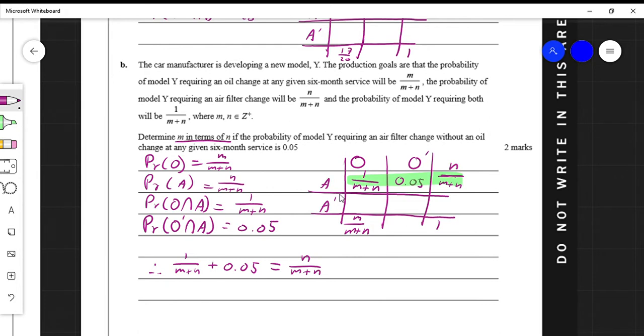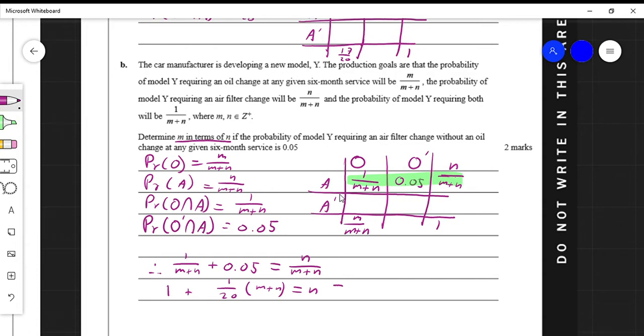So now from here you can solve for this any way you like. I'm just going to multiply both sides by m plus n. So that would give us 1 plus 0.05, which is just 1 on 20, times m plus n equals n. So I'll rewrite this one as 1 on 20 because we like to give our answers as fractions.